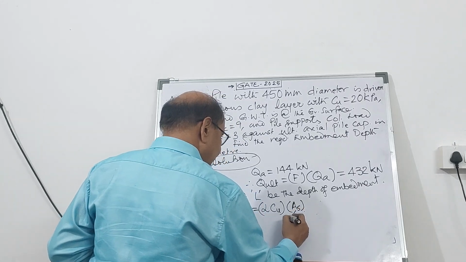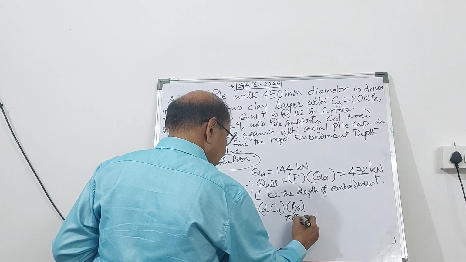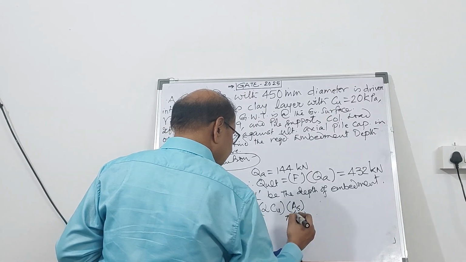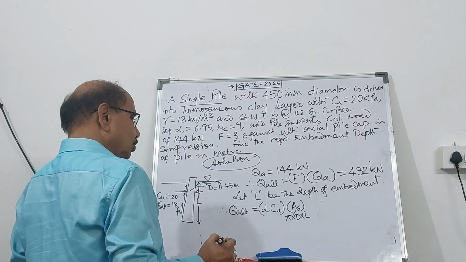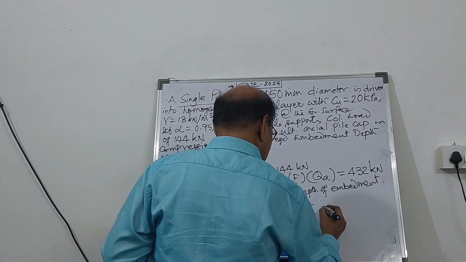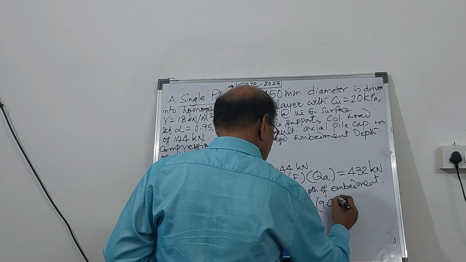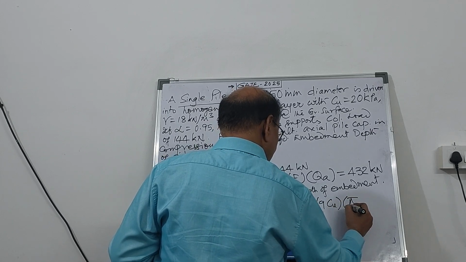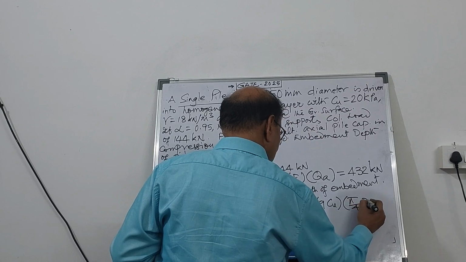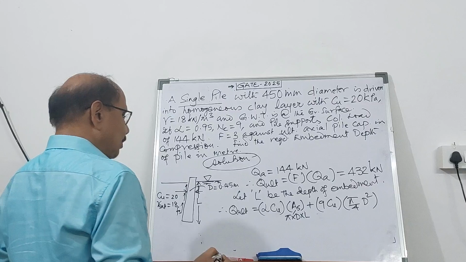The shaft area will be pi into d, that is the perimeter, into the length. So alpha times Cu into shaft area plus 9 times Cu into pi by 4 diameter square. This is the formula for a single pile.